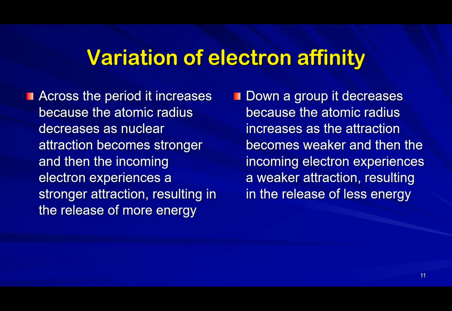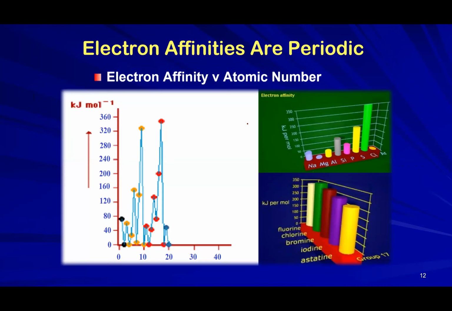We have explained this: down the group it decreases, and across the period it generally increases because the atomic radius is decreasing. And down the group it is because the atomic radius is increasing. You can see how it is varying across the period. Generally there is an increase.